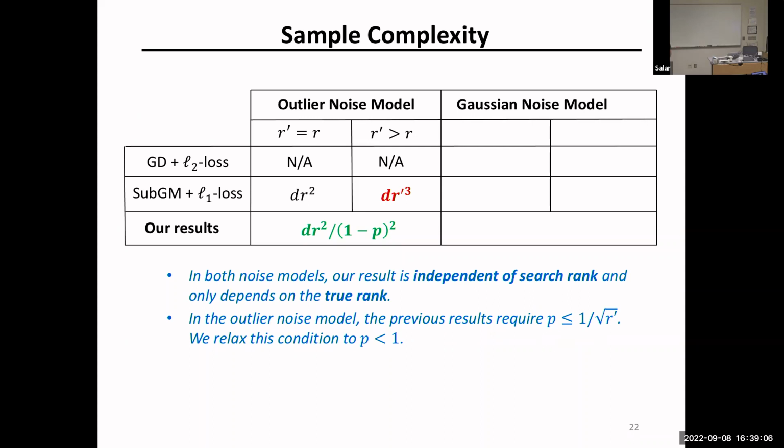We don't rely on the benign landscape, so this P can be arbitrarily close to 1. Again, the number of samples should scale based on that, but we don't have any explicit upper bound on P. And we can get a similar improvement in the sample complexity for the Gaussian noise model. All right, any questions?